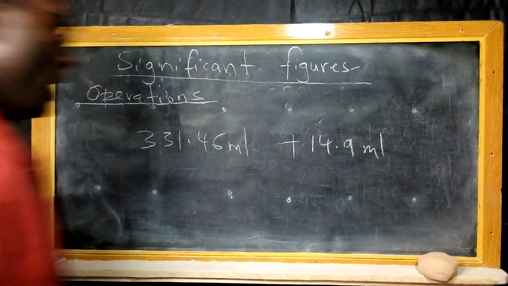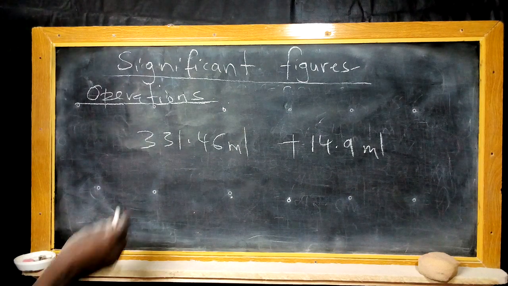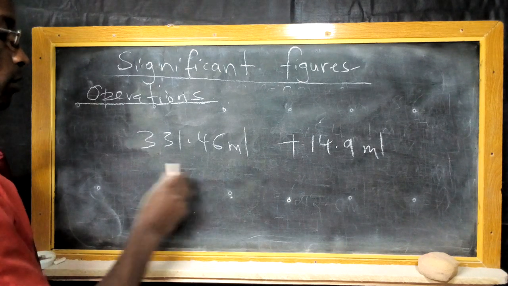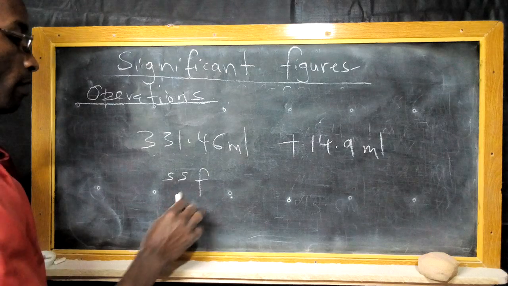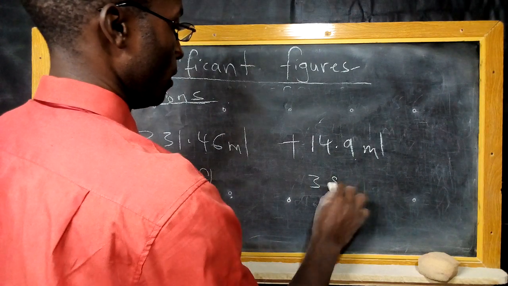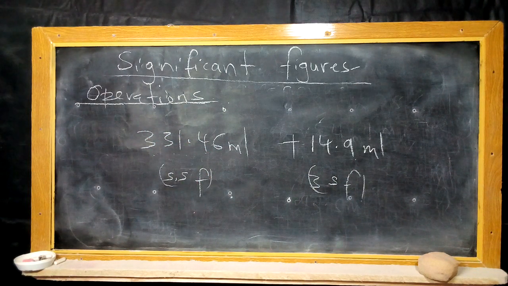milliliters. If you look at these two particular numbers, there's a different degree of accuracy and level of significant figures. As we said before, this one is all non-zero digits, so it's 1, 2, 3, 4, 5. It already has 5 significant figures, and for the second one it's 1, 2, 3 significant figures. So we have said that when measured values are added or subtracted, they are rounded off to the precision of the least precise measurement.